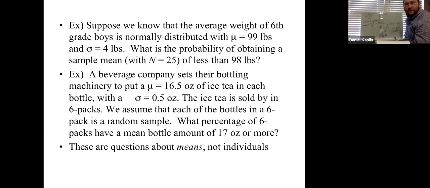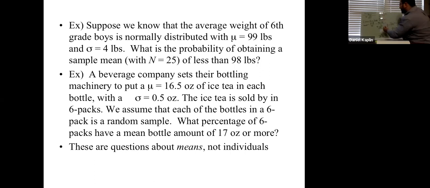With a population standard deviation of 0.5 ounces. Then we have iced tea being sold in 6-packs, so we assume that each of the bottles in a 6-pack is a random sample. So what is the probability of getting a mean bottle amount of 17 ounces or more?